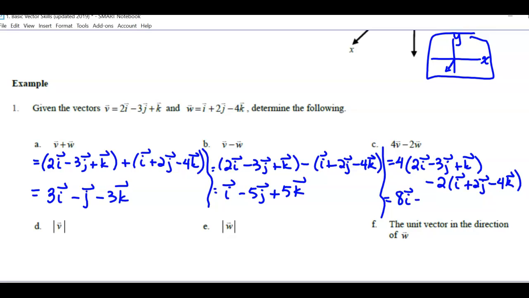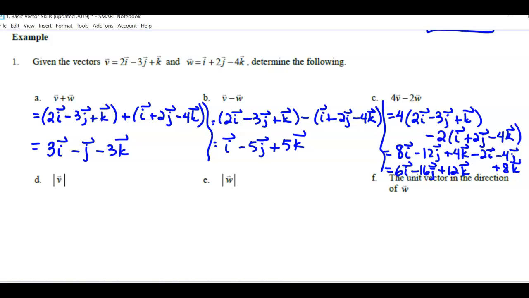So 8i minus 12j plus 4k plus 3i plus 4j plus 8k, and then collecting, we return 6i minus 16j plus 12k.